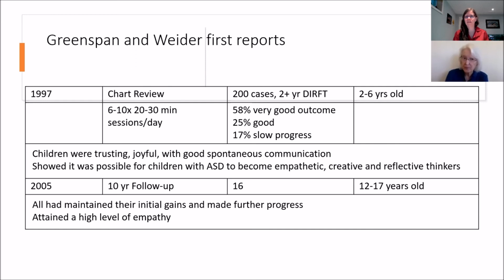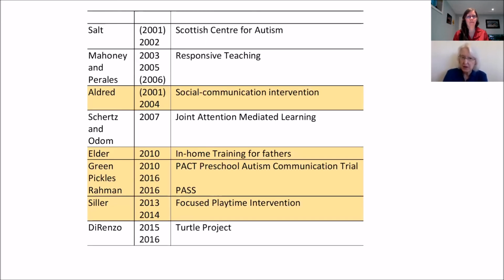Excellent point, yes. So I'm going to mention first some studies that are not specifically DIR, and then some studies that are. If you look at reviews and all the different research, these are some of the studies that are referenced the most often.